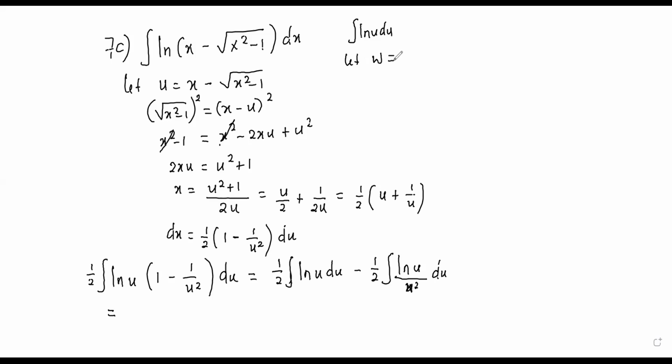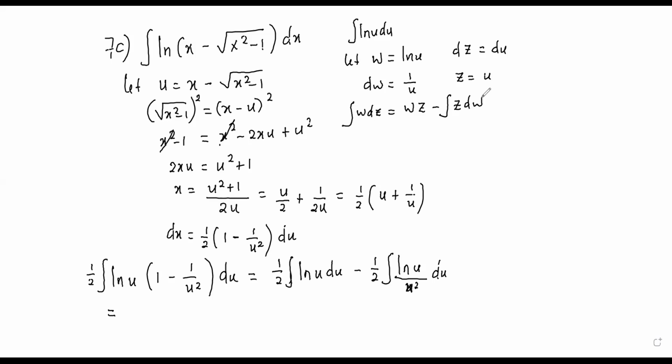Let w be equal to ln u, and then dz be equal to du. So we have dw equal to 1 over u, and then z equal to u. Then we substitute. So we're doing the integral of w dz should be equal to wz minus the integral of z dw. This is the by parts.